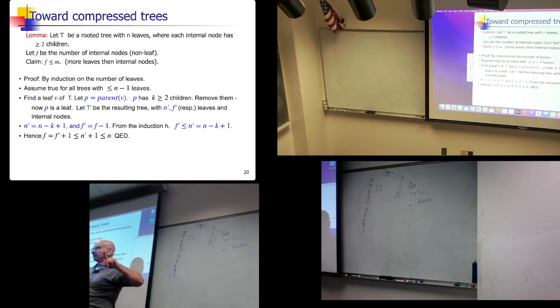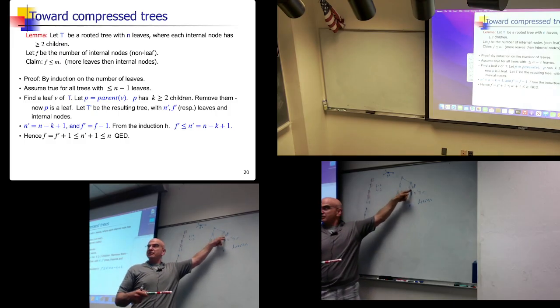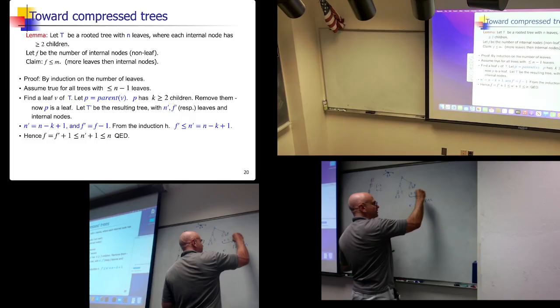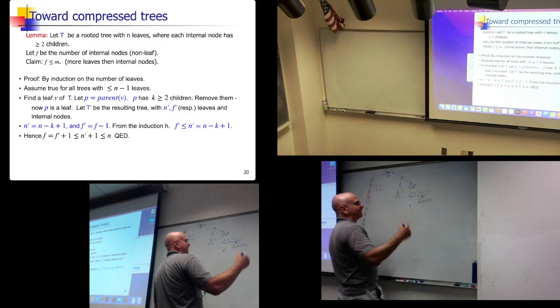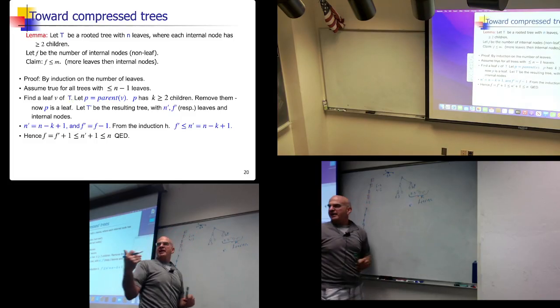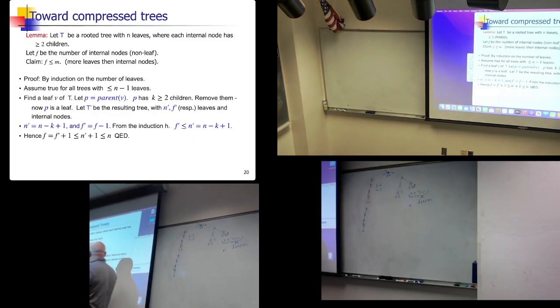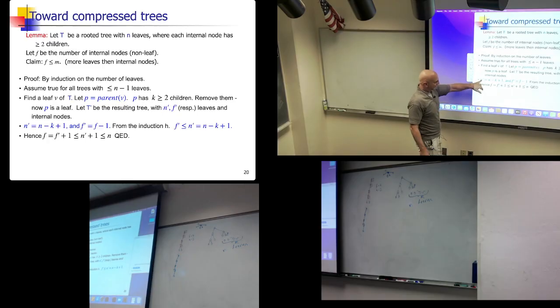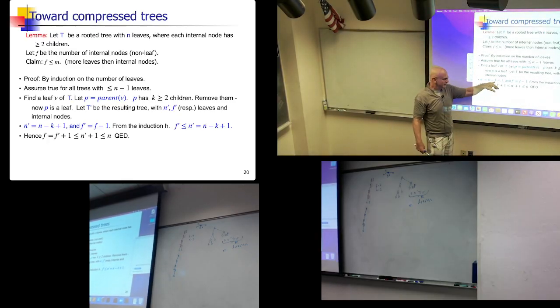N minus 2, because P, that used to be an internal node, became a leaf. Okay, so let's say that I have K nodes that I removed. K is at least 2, right, because every internal node has at least 2 children. So now we are talking about n prime, that is n minus 3 in my case, plus 1, that is n minus 2 many leaves.